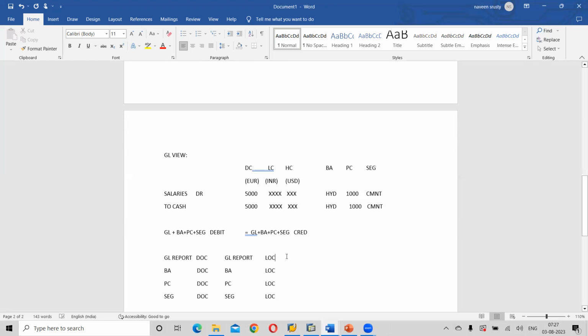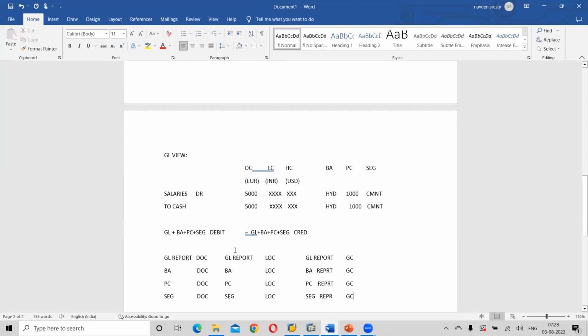And next, the GL report with group currency or hard currency, the business area report, profit center report, and segment report with group currency. We have posted one entry, but we can generate reports like this.